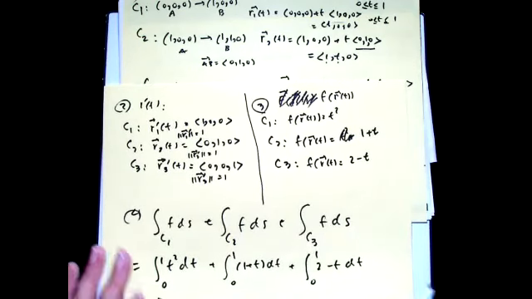And so what happens is that sometimes you're building a path that is not a continuous smooth function, so you want to break it down into pieces of smooth functions.